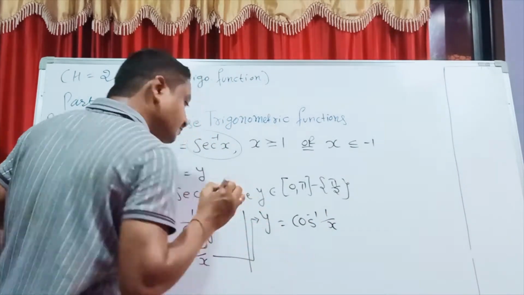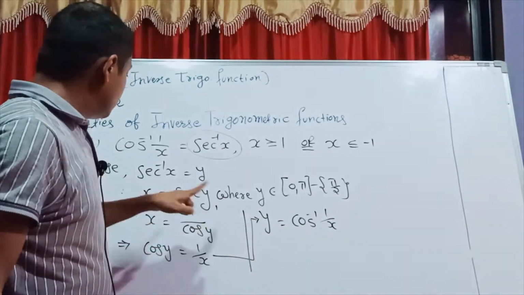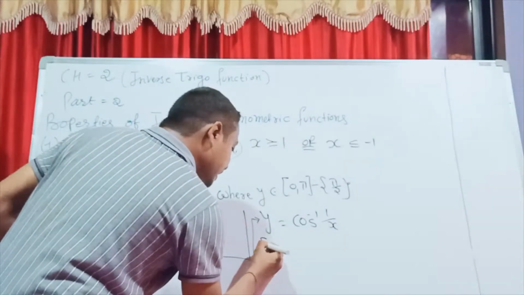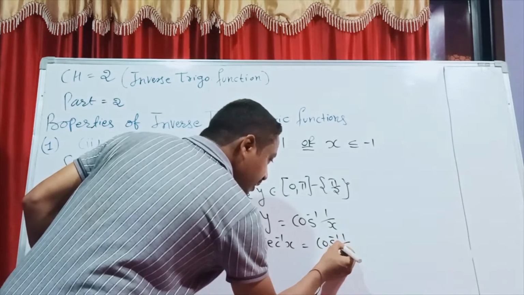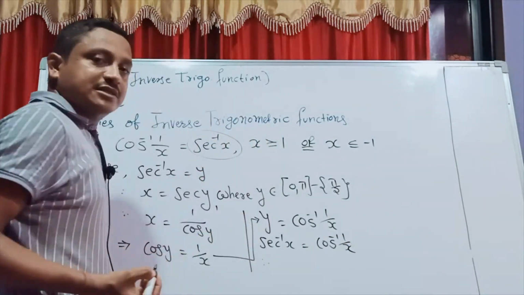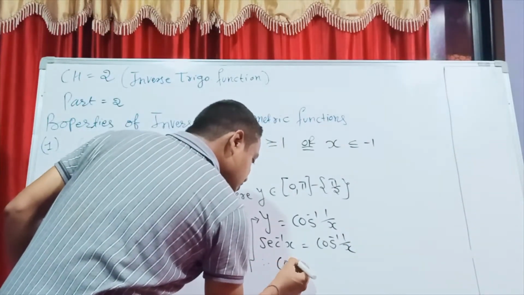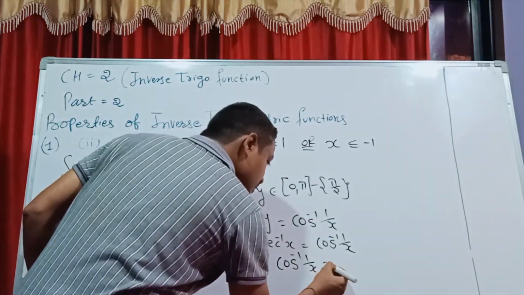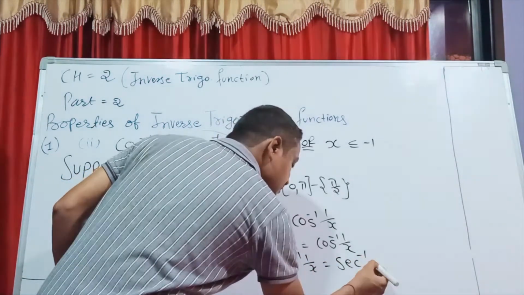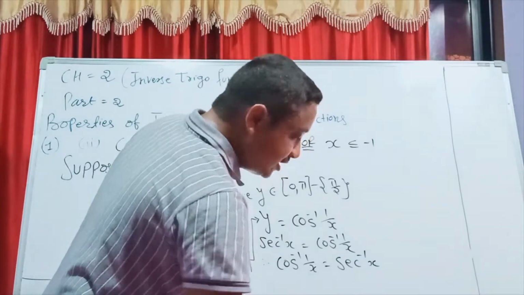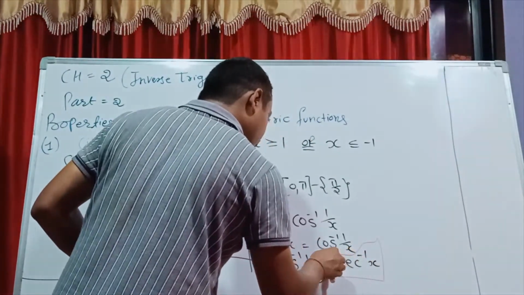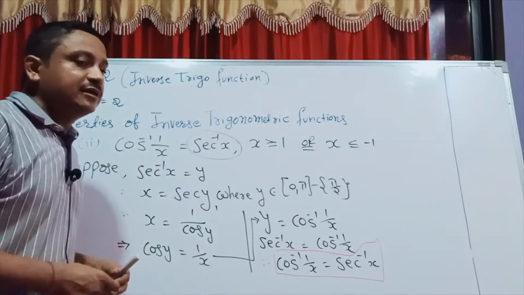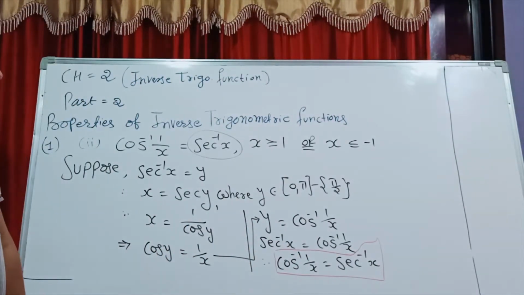Now, the y value was already assumed, so sec inverse x is equal to cos inverse 1 by x. Finally I rearrange: cos inverse 1 by x is equal to sec inverse x. Here the easy second part of the first property is done.